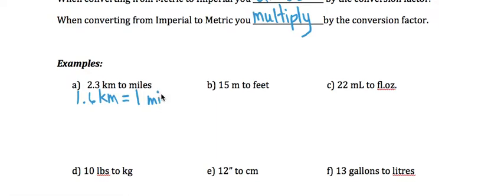I'm converting from kilometers to miles, so I'm going from the metric system to the imperial system. Using the rules, I take my 2.3, and because I'm going from metric to imperial, I divide by the conversion factor of 1.6.